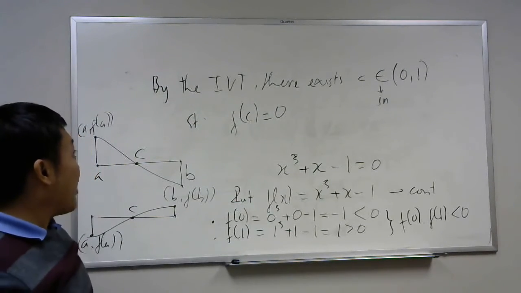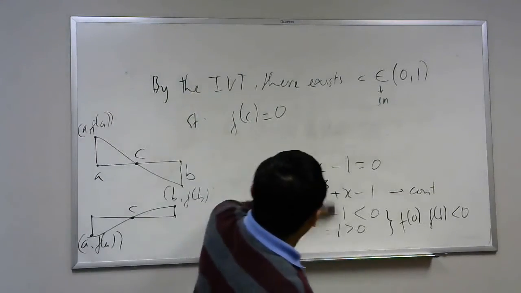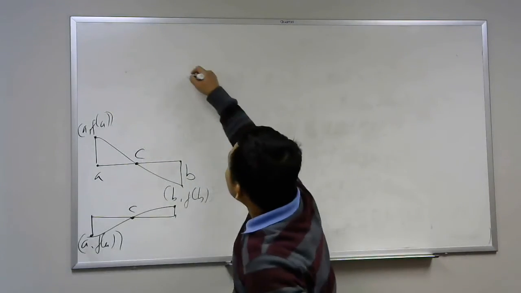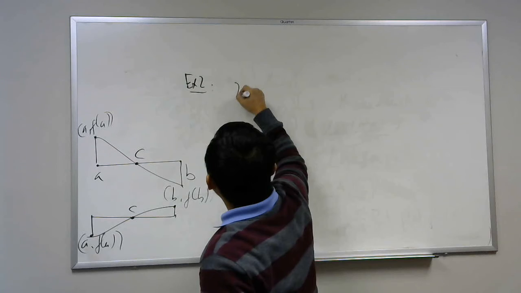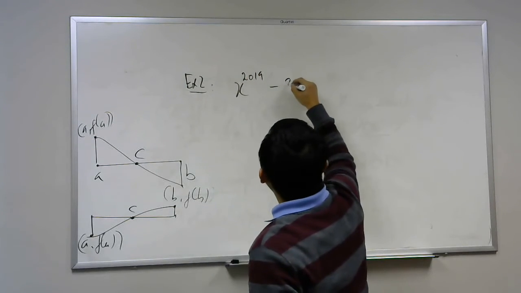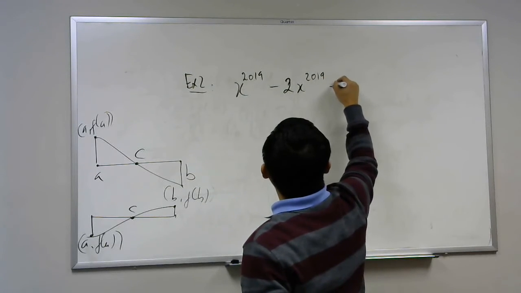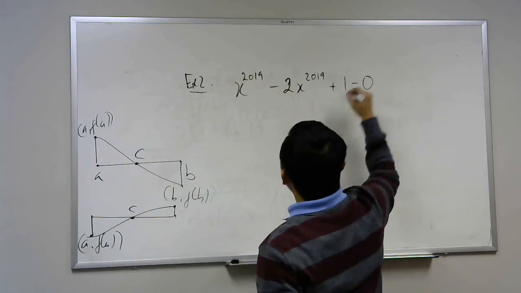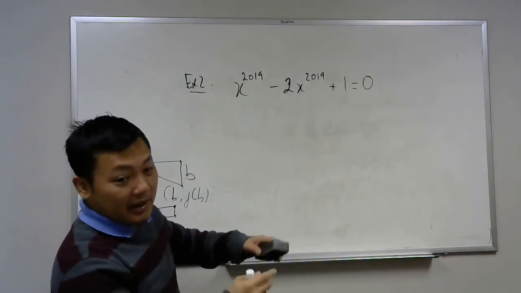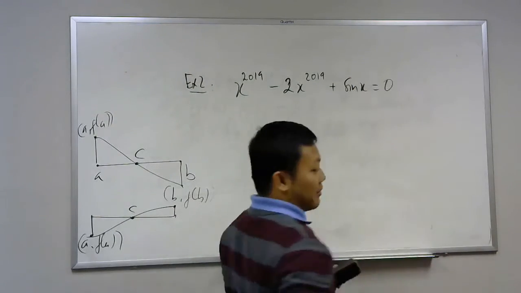Without the IVT theorem, I don't know how to solve that, right? Let's say example 2. Let's say x to the 2019 minus 2x to the 2018 plus sine x equal to 0, something like that.